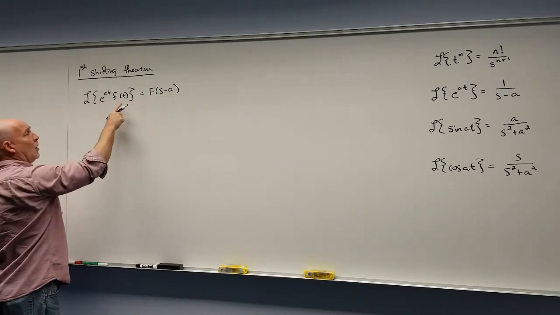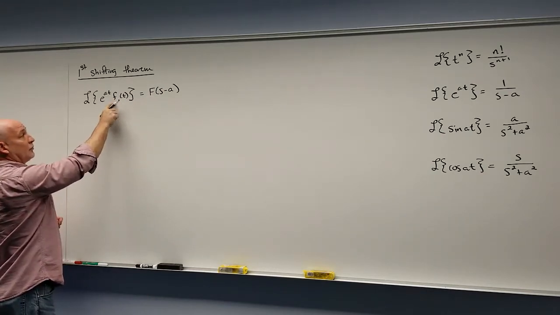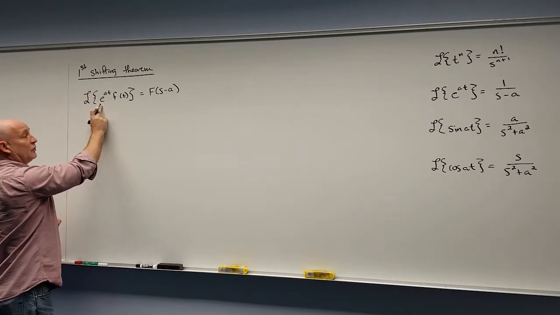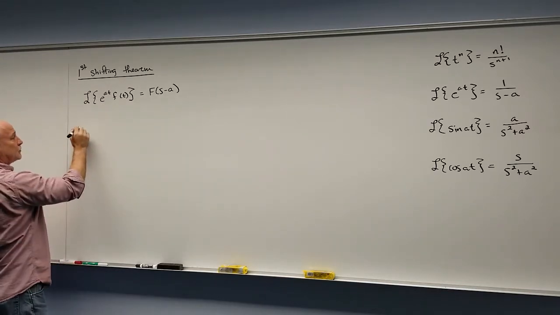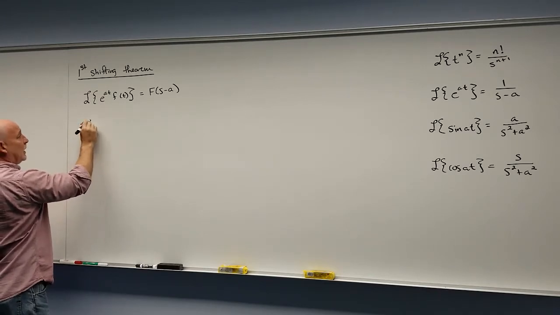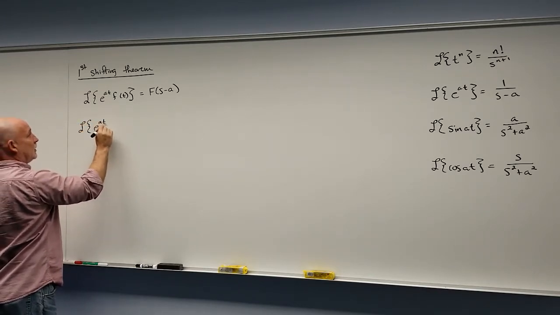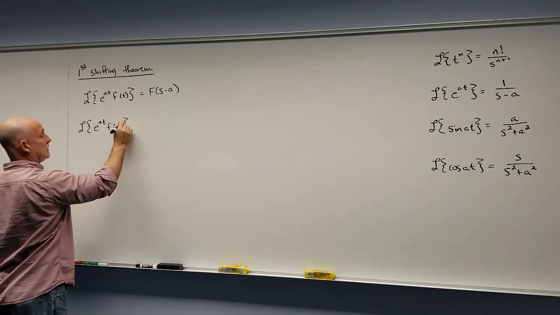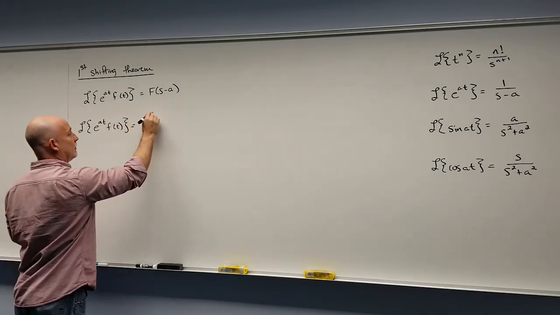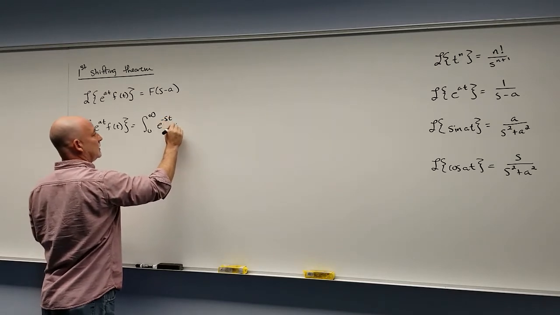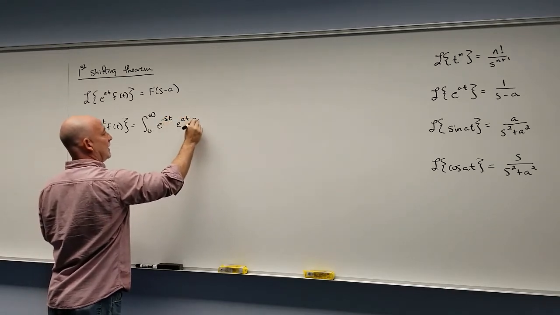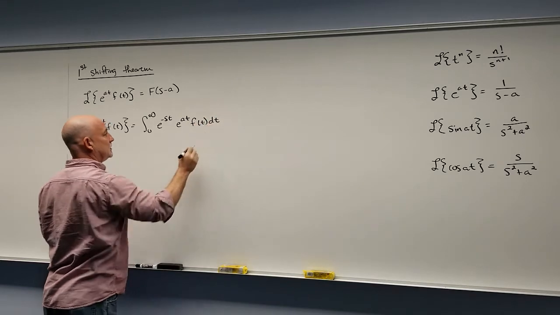All that means is all you have to do is just do the Laplace transform of f, basically ignoring the exponential, and then replace all the s's with s minus a. Now this is easy to see because by definition, the Laplace transform of e to the at f of t will be the integral from 0 to infinity of e to the negative st times e to the at f of t dt.